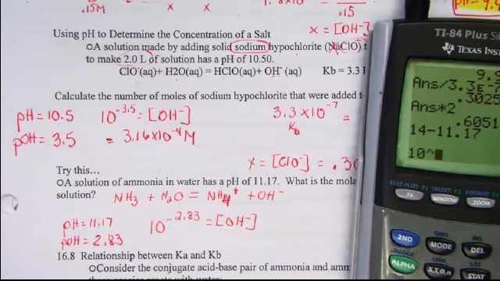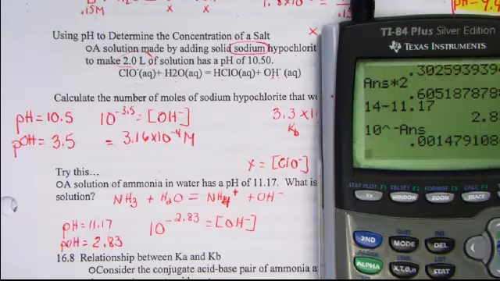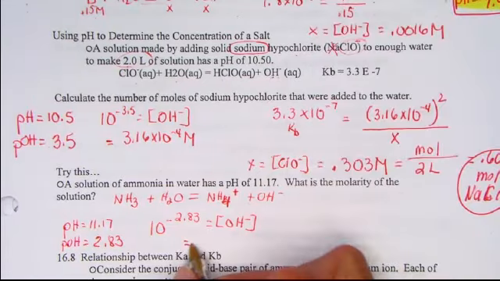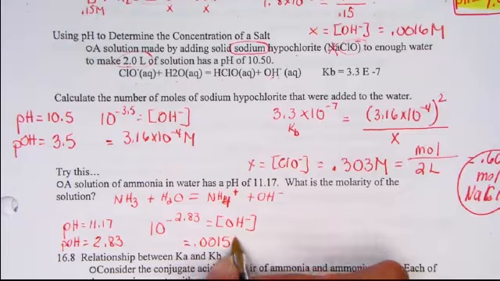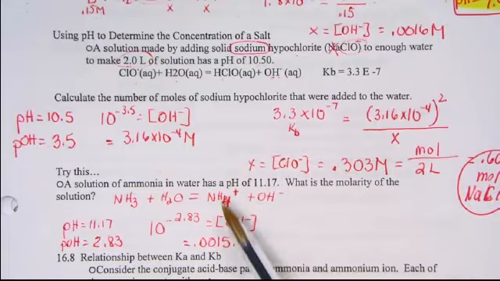Let's hit 10 raised to the negative 2.83, and we get 0.00147. You want to say 0.0015? That's the concentration of the hydroxide.